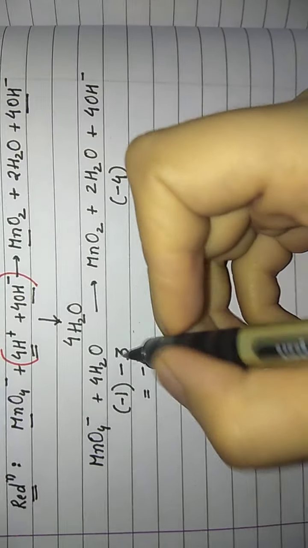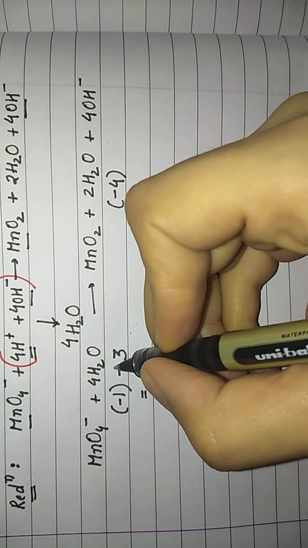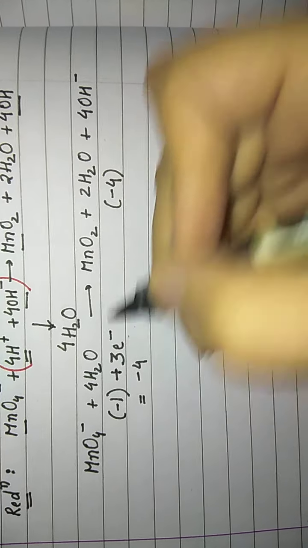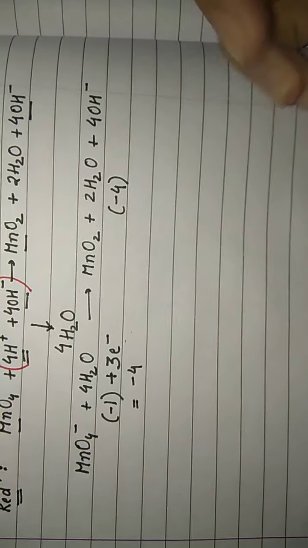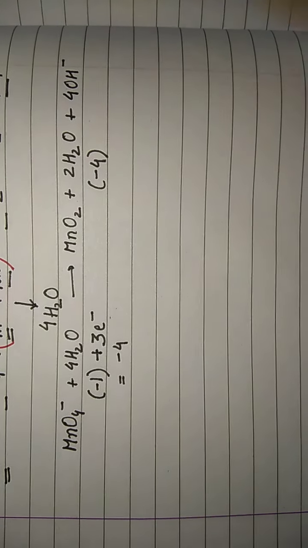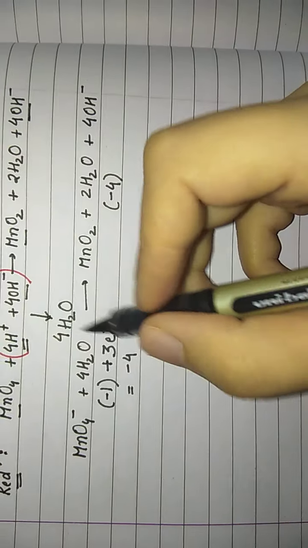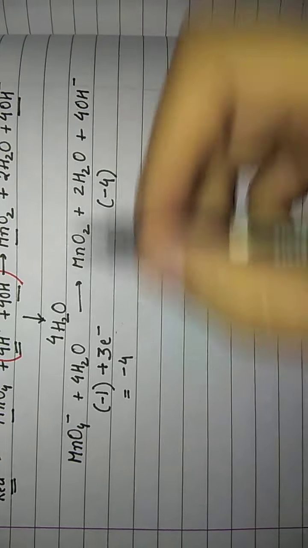Getting a -3 here means adding 3 negative electrons. So if I add 3 electrons on the left hand side, my left and right charges are balanced.